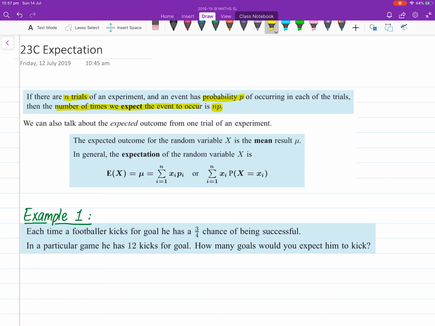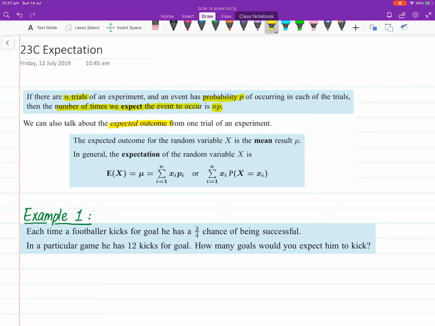The other language we use is we might say the expected outcome from one trial of an experiment in a particular scenario. But when we're looking at repeating it, that's when we need to multiply.